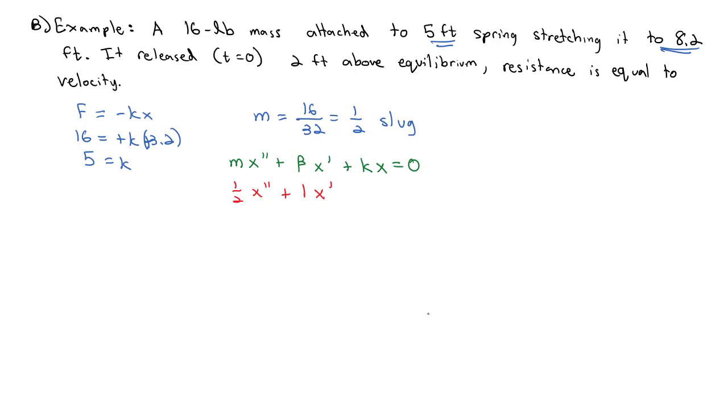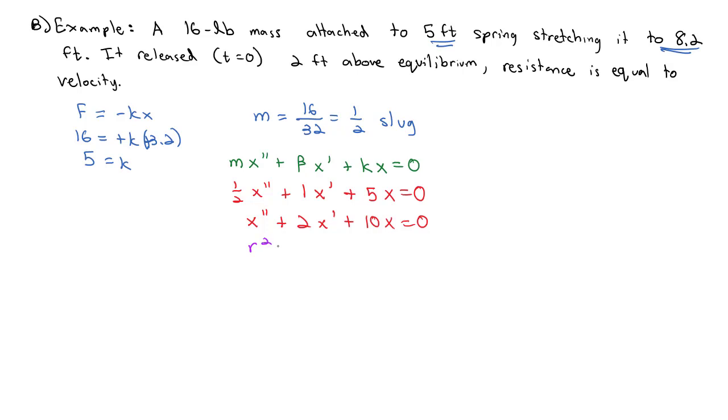So we have 1 resistance, 1 velocity, plus our constant, which we just found out was 5, times x. Now, I don't like having that fraction out front, so I'm going to go ahead and multiply everything by 2. So I'm solving a system with no fractions.